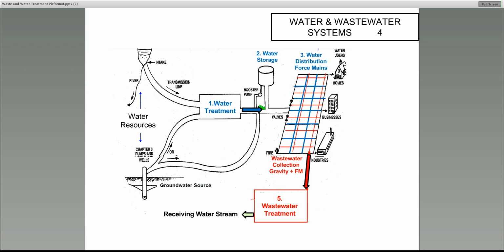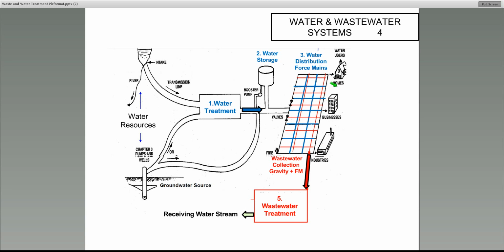After water treatment, if you look at the blue lines, it will go through a water distribution system, all the blue lines, which will feed the potable water to homes, businesses, and industries.